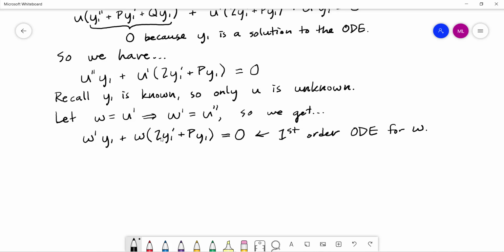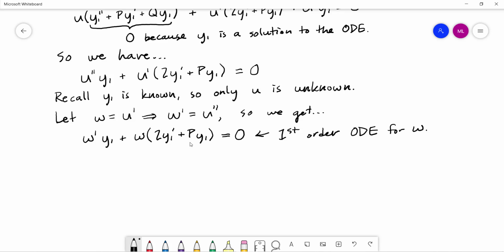So if we can solve for w, once we know w, we'll come back here, use our known value of w to solve for u. Once we know u, and our known value of y1, we can go back and solve for y2. We can find our other solution. So that is going to be the remainder of what we need to do.